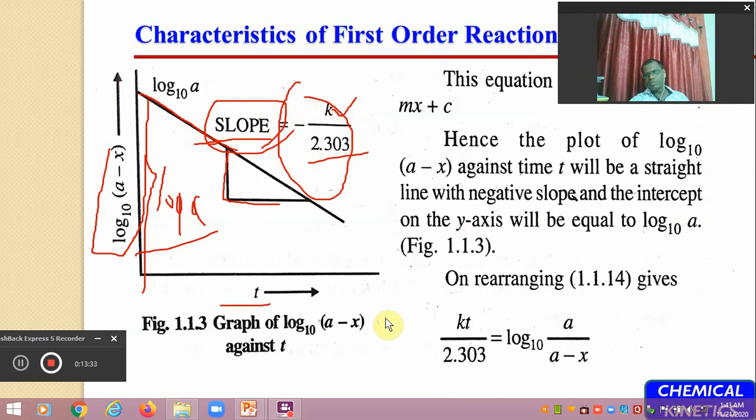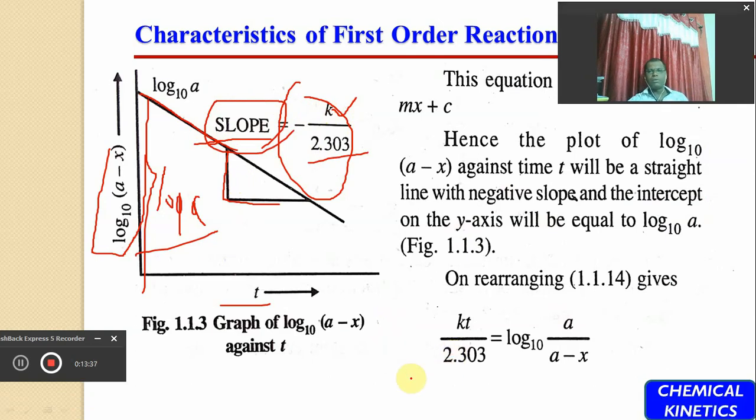Dear friends, this equation, k is equal to 2.303 upon t log a upon a minus x, can also be rearranged as kt divided by 2.303 is equal to log to the base 10 of a upon a minus x, after simplification of log a minus log b.